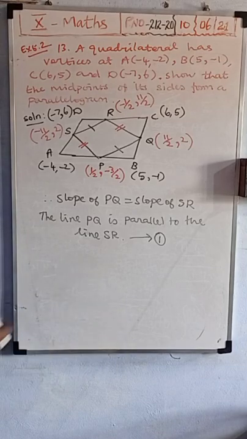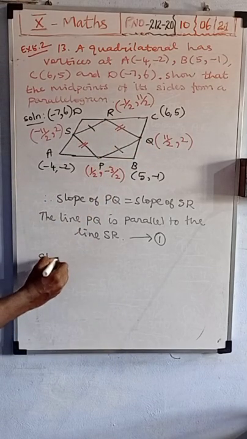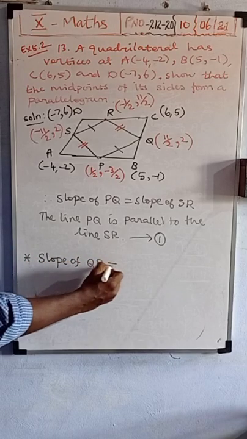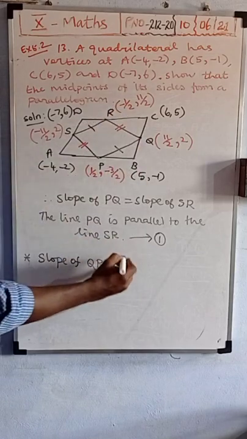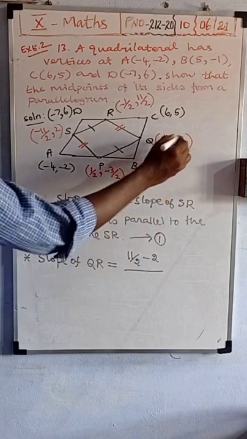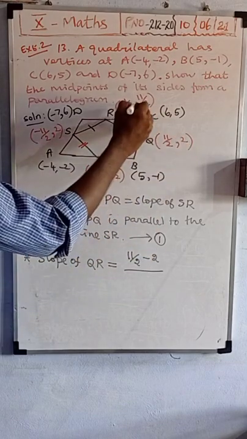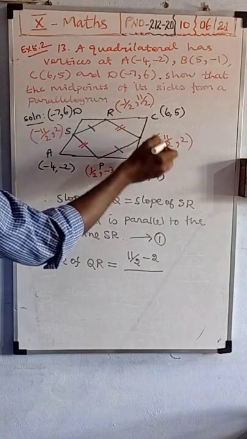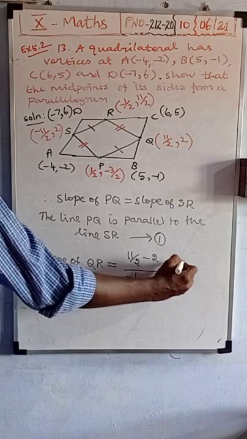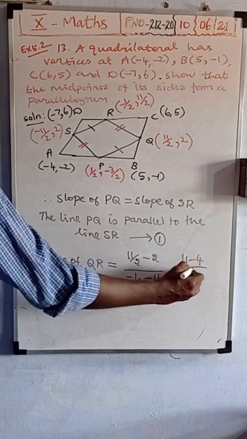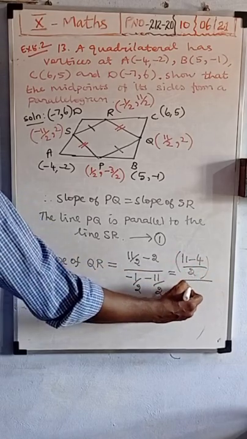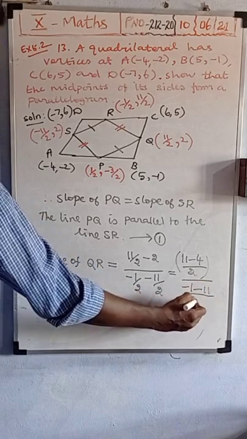Next, find the slope of QR. Now Q point is (x1, y1) and R point is (x2, y2). Then y2 minus y1 is 11 by 2 minus 2, divided by x2 minus x1, which is minus 1 by 2 minus 11 by 2. Take 2 as the LCM: 11 minus 4 by 2, divided by (minus 1 minus 11) by 2.